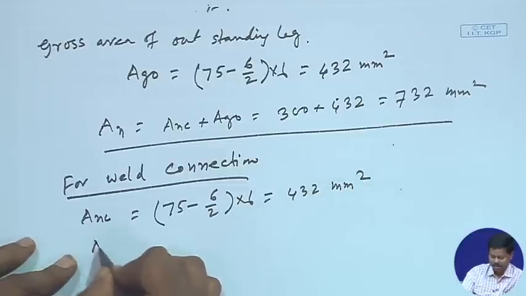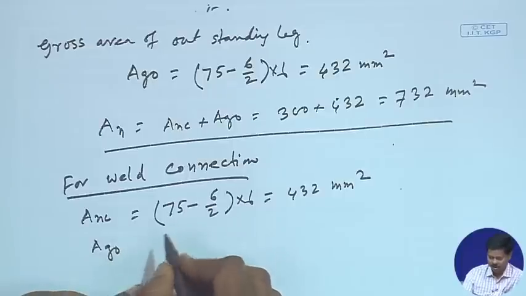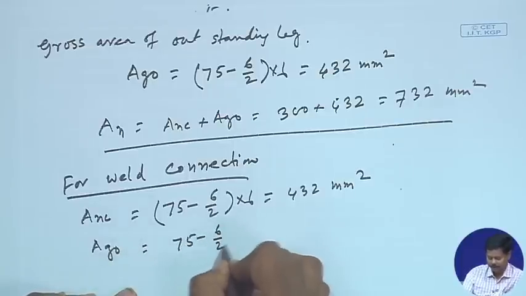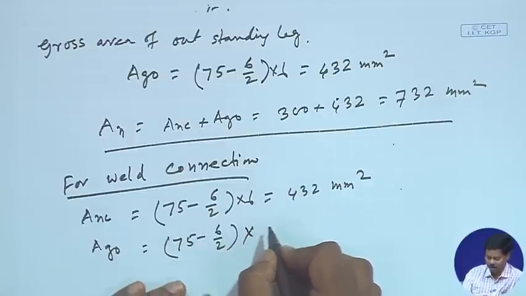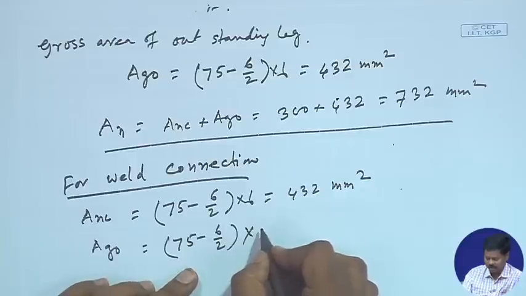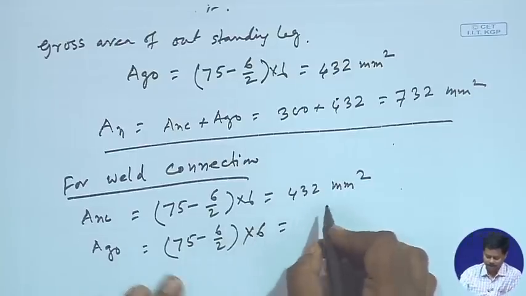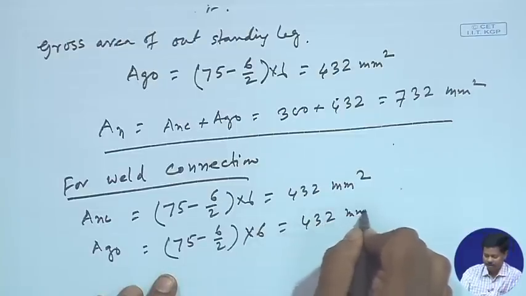And AGO, the gross area of the outstanding leg, will also be the same, because due to weld connection there will be no hole in the angle section, therefore there will be no reduction. So, this will also be 432 millimeter square.